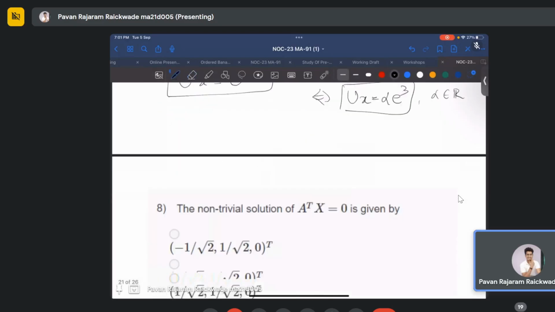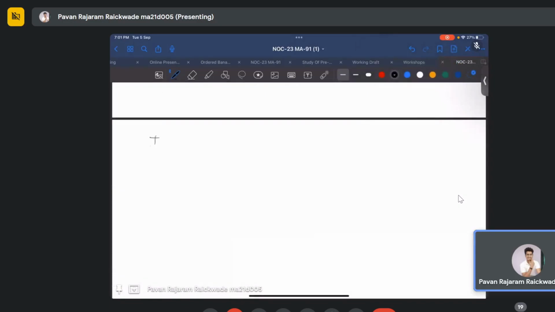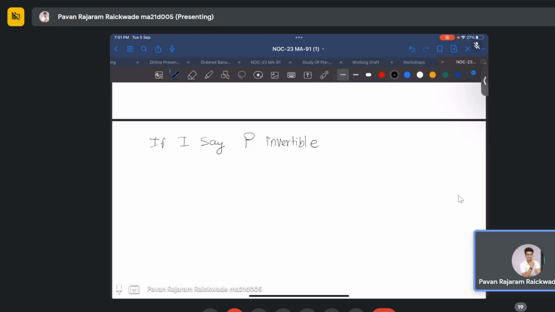So I'll rephrase the statement. Say a matrix, let's call it P, is invertible. Every orthogonal matrix is invertible, right?